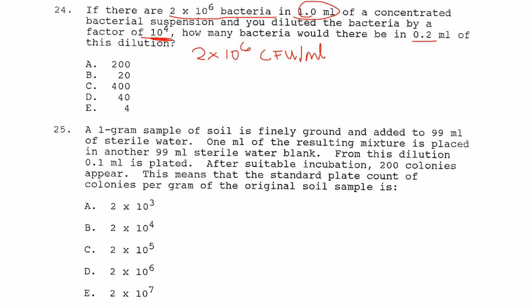You dilute this by 10 to the fourth, right? So do the math, right? You minus the exponents in this case, so 6 minus 4 equals 2. So now you're at 2 times 10 to the 2 CFU per mil.